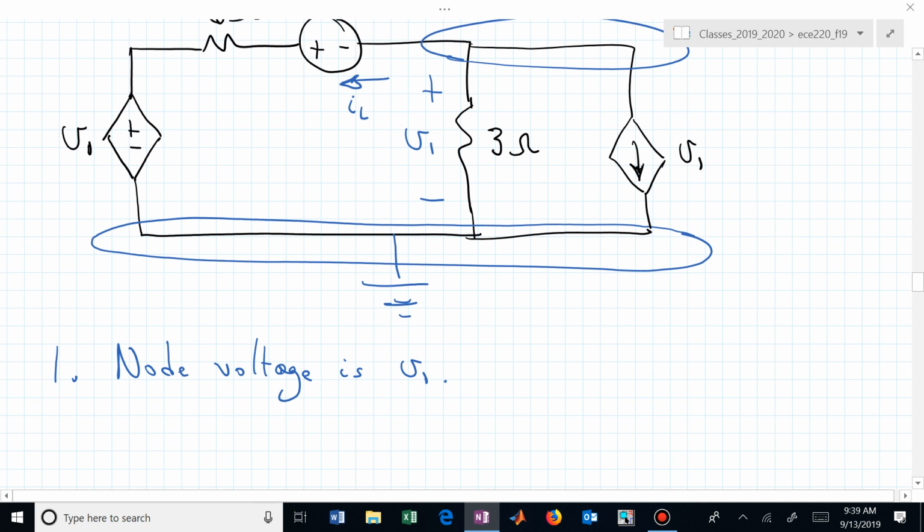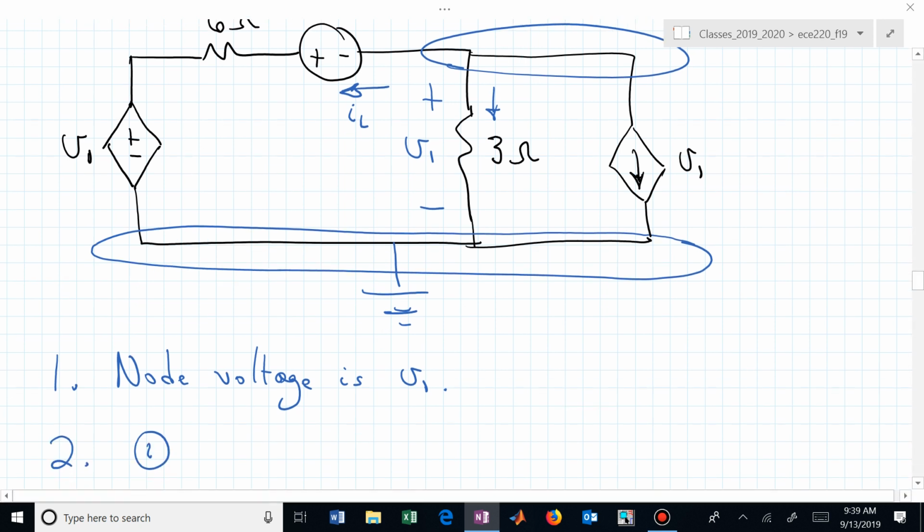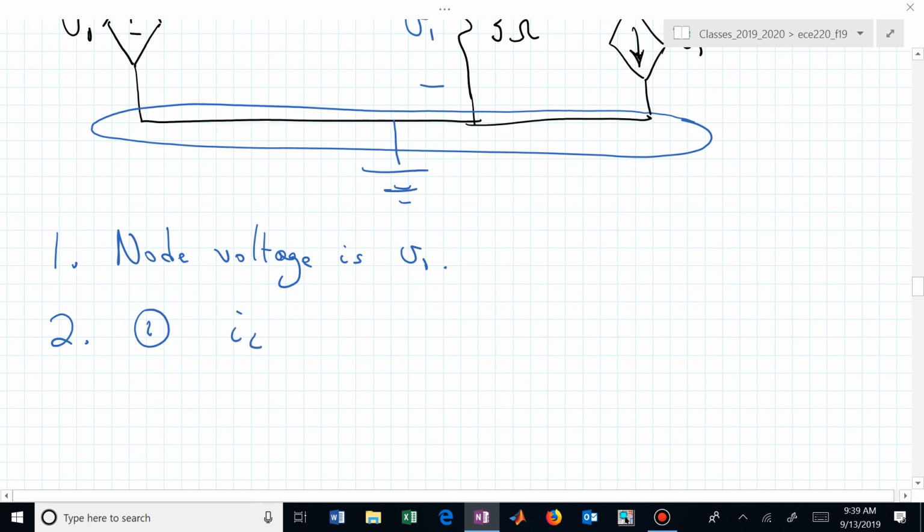If this is now step 2, and we say, let's write the KCL equation at node 1, that's I sub L plus the current going down here plus the other current in the dependent source, V sub 1. KCL now says that I sub L plus V1 over 3 plus V1 is equal to 0.